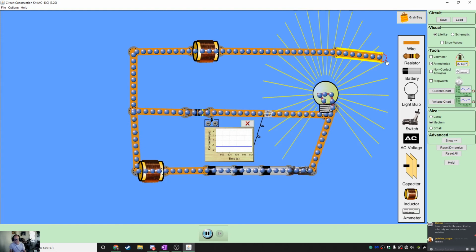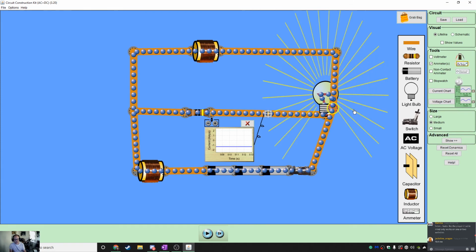Okay, so what I want to do now, we have the current flowing, right? What I want to do is I want to basically make it so that the current can only flow through the upper path. And I think that'll happen. How can we do this? We need to have a switch.